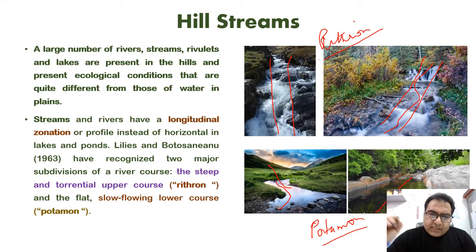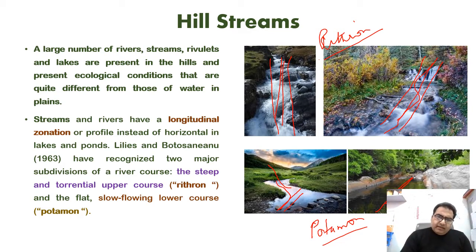So the difference between these two is that the rhithron is fast flowing and very steep, while the potamon is slow moving and not so steep. Even the organisms present in the different zones are quite different from one another, and from those present in the plains.